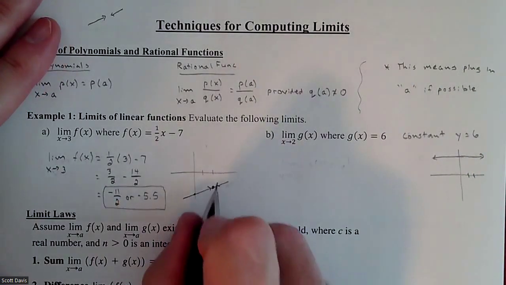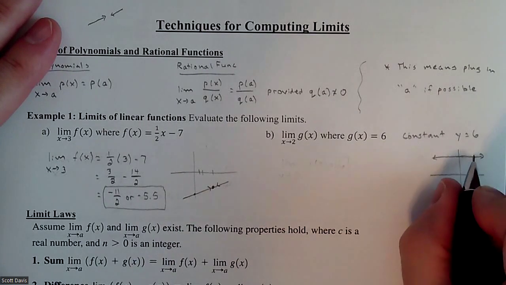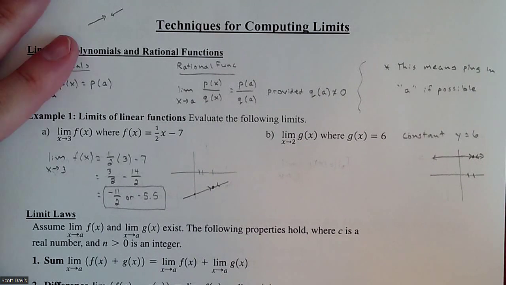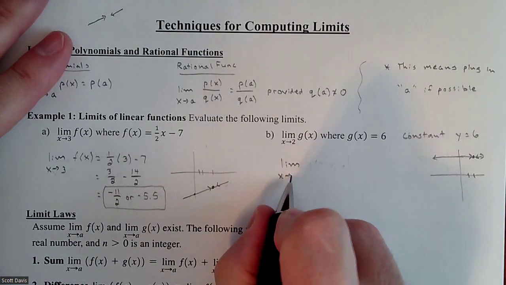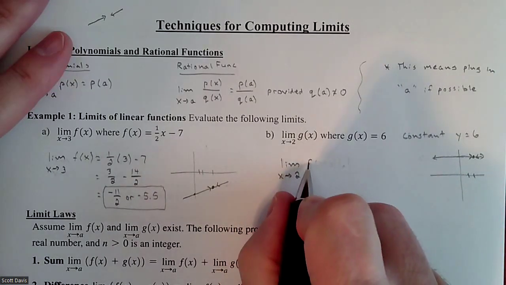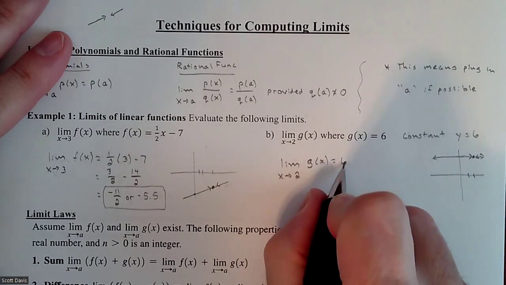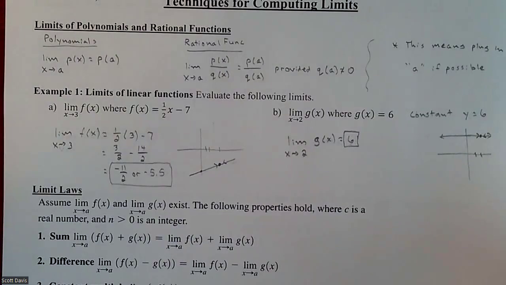Here we go, there's our 2, there's our value. We're approaching the same thing from either side. So the limit as x approaches 2 of g of x, there's no equation to plug in. It's just 6. All right, so you're going to get all sorts of different situations.